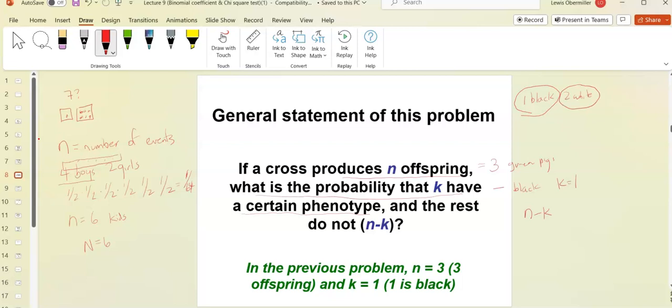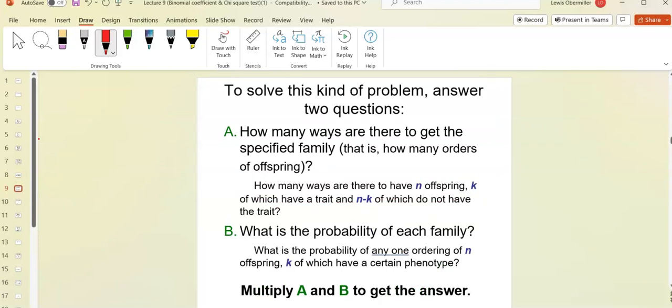So n equals 3 offspring, k equals 1 because we define that as black, and the ones that are not black are n minus k, 3 minus 1, which is 2. We already know that, so we don't really have to calculate it out. All right.